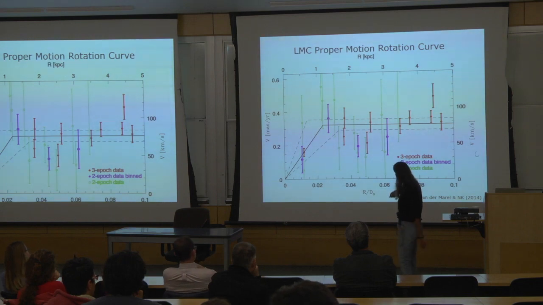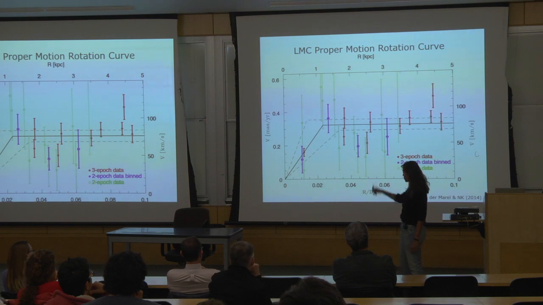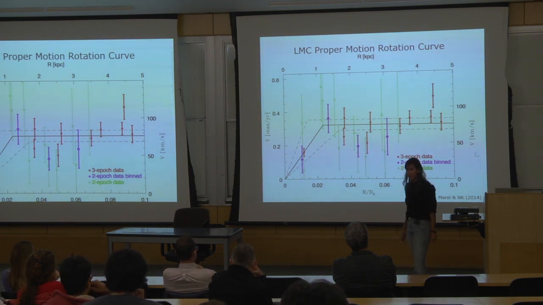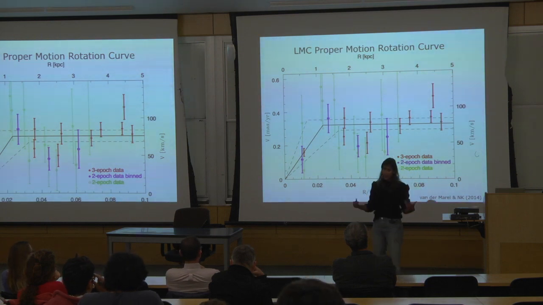And unfortunately, this is physical units here on the top. So at that inner kiloparsec, where I mentioned all the action is happening with core versus cusp and so forth, we actually only have one data point. So we can't say much about core versus cusp in this galaxy.